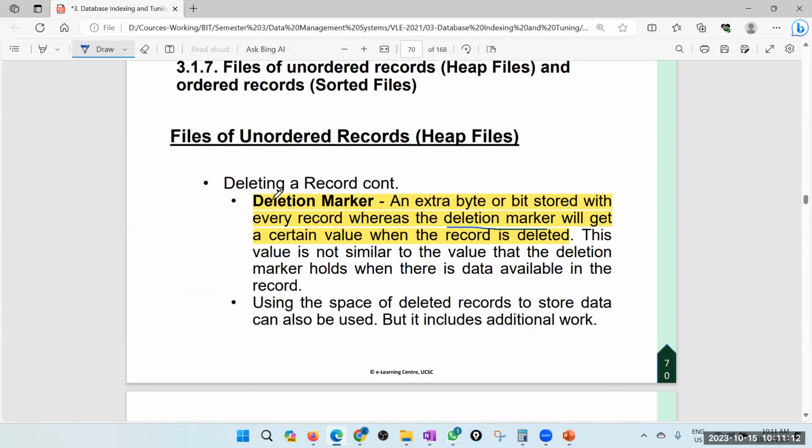In some cases, when you delete, what we do is we just mark it, because otherwise we have to reorganize the files. So rather than reorganizing your records, you just mark the record as deleted.